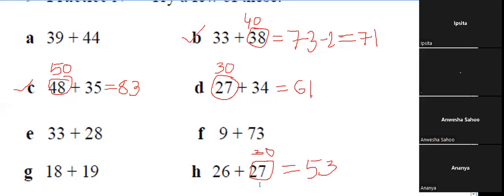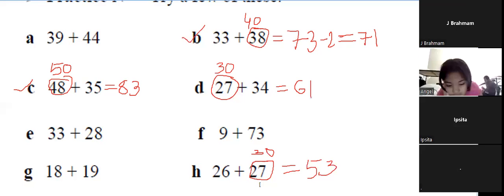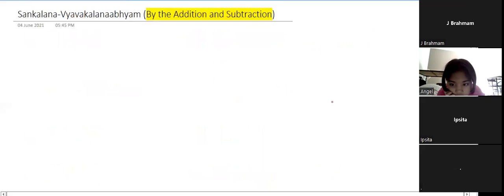So till now we have used this Sankalana-Vyavakalanaabhyam sutra for additions. All of them are additions only. And we can use this same sutra for subtractions also. See how it will be.